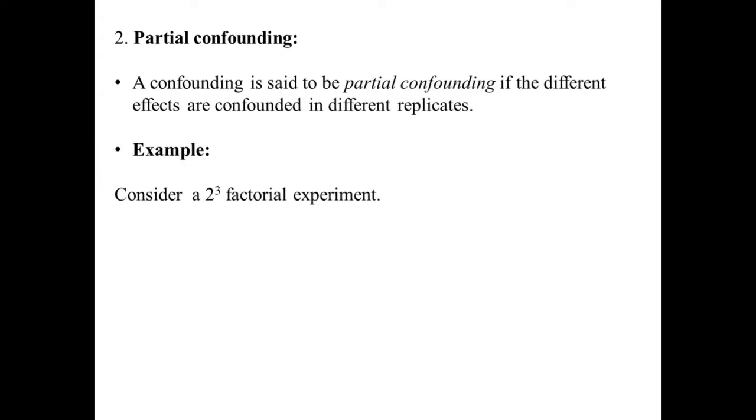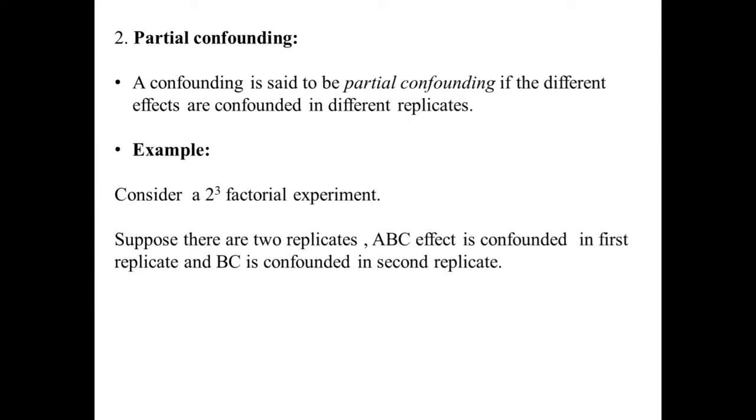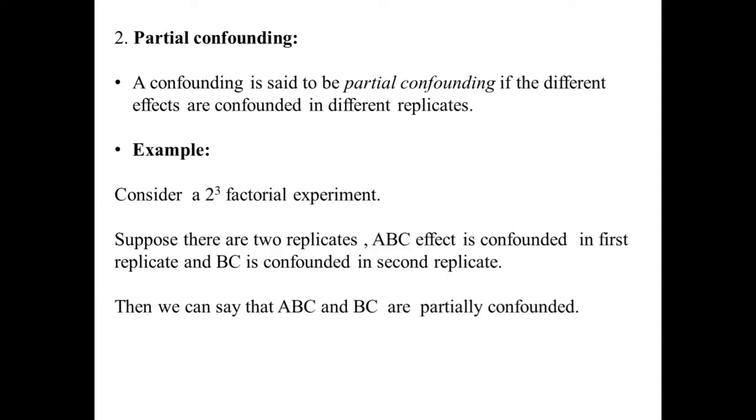In this experiment we get 4 interaction effects: AB, AC, BC and ABC. Suppose we consider 2 replicates here, and each replicate is divided into 2 blocks. If we confound the ABC effect in the first replicate and the BC interaction effect in the second replicate, then we can say that ABC and BC are partially confounded.